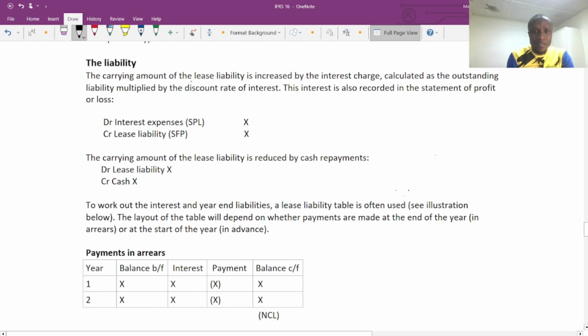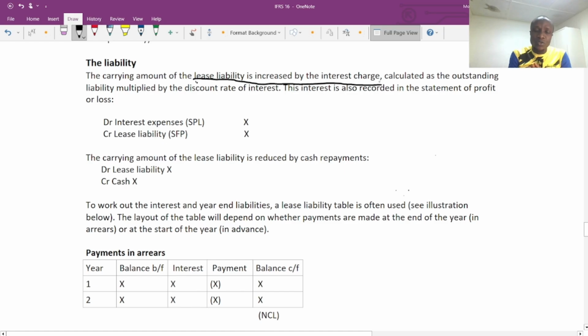The lease liability will be increased by the interest charge. Why are we going to increase the lease liability by the interest charge? This is because components of the lease liability calculation contain the present value of the future lease liability payment.